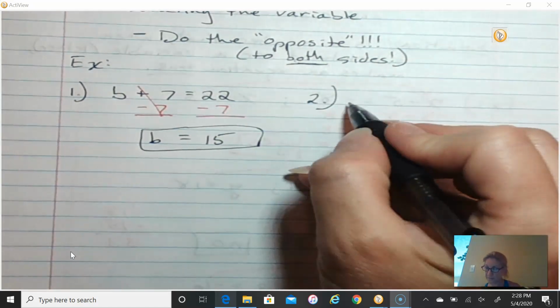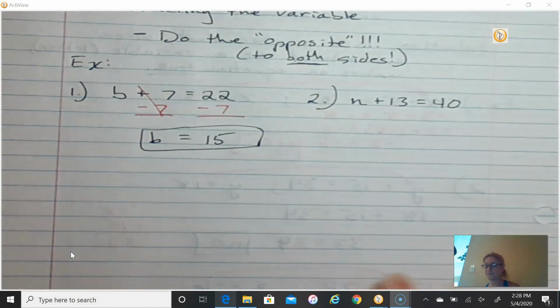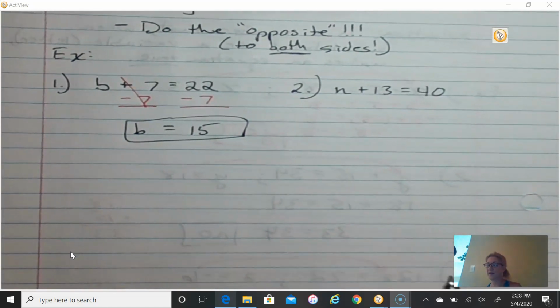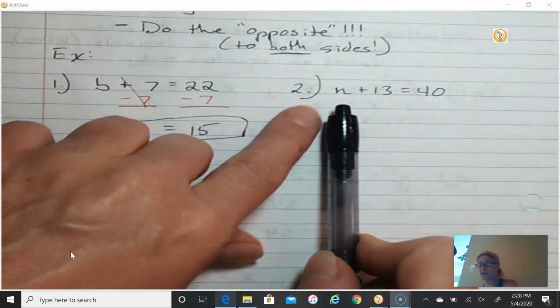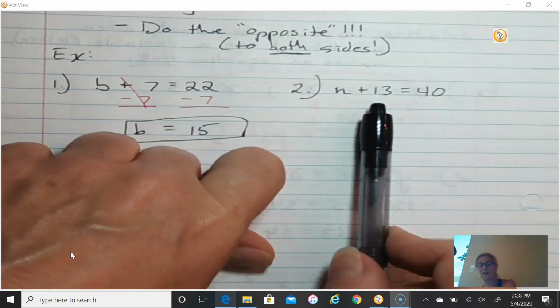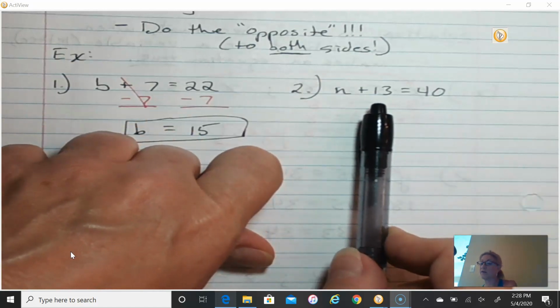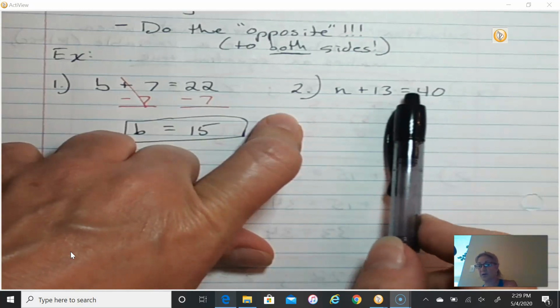All right, 2. N plus 13 equals 40. Okay, here we go. There's you, the variable, and we want to get you all by itself. We want to isolate you. 13-year-old intruder. They're getting older, guys. 40-year-old cop on the outside of your front door.